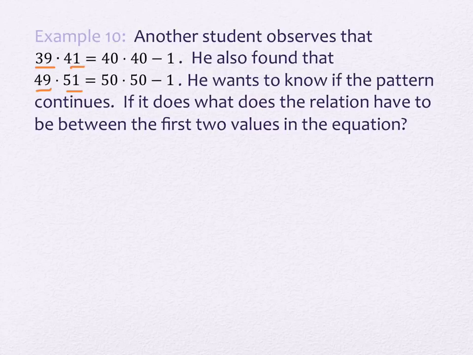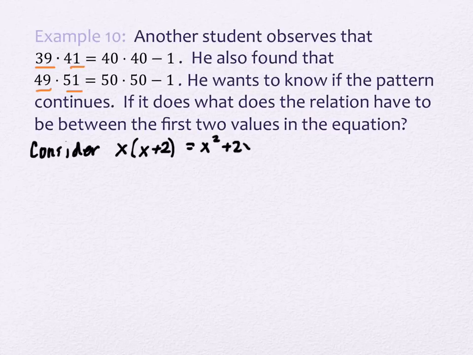So if we were to try this, I'm going to do a general argument, and consider having one value x and the other value would be exactly 2 bigger than the first one, right? 39 plus 2 is 41. 49 plus 2 is 51. All right, if we multiply this, taking a look at just what we're getting in terms of some algebra, we have x squared plus 2x.